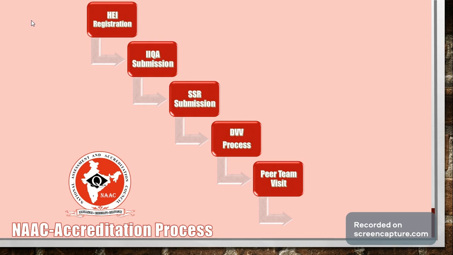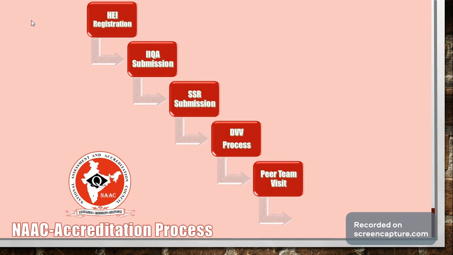As far as the peer team visit is concerned, the peer team from NAAC will visit the institution physically to check the qualitative data. This is an important step in the NAAC accreditation process, and the on-site assessment will be done by the visiting team. The team assesses all the information provided on the qualitative metrics. As we have discussed, there are two types of metrics, quantitative as well as qualitative.